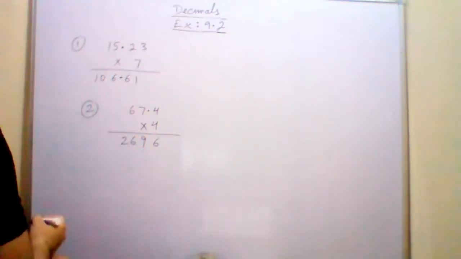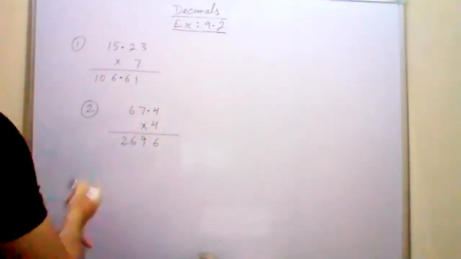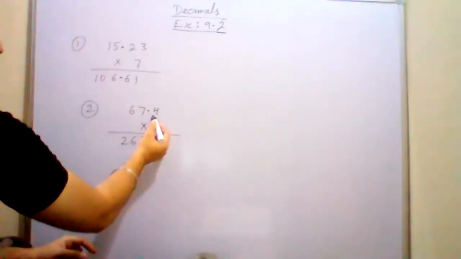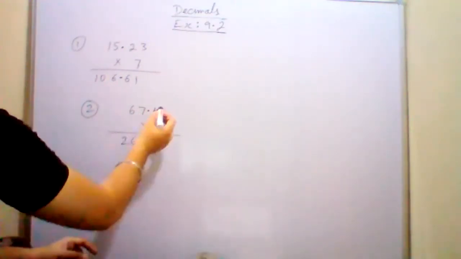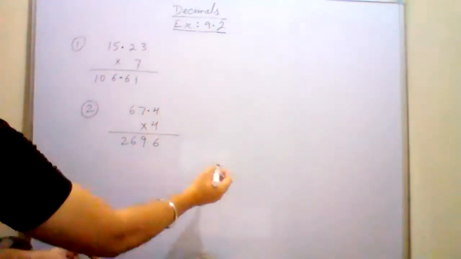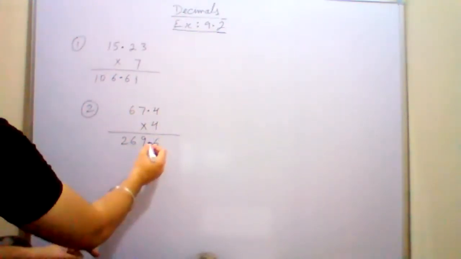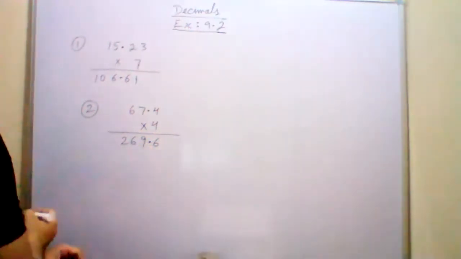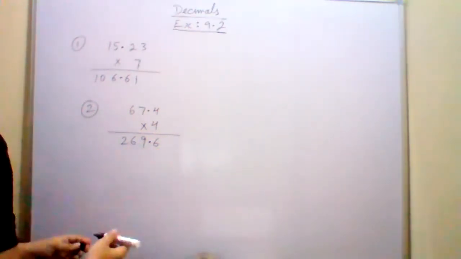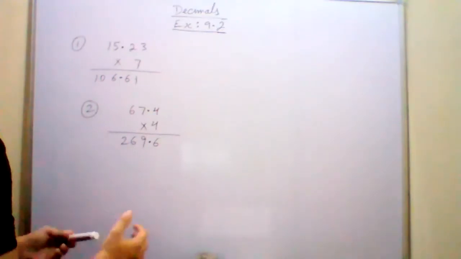So 2696 is the product. There is only one decimal place, so start from the right, skip one digit and put a decimal. So the answer is 269.6.